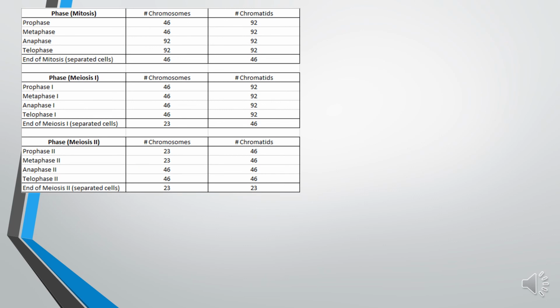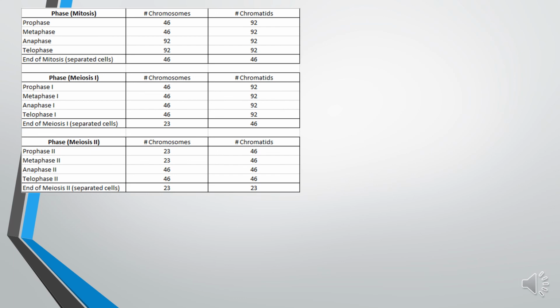And this is the comparison of the chromosomes. In mitosis we have 46 chromosomes at the end and 46 chromosomes at the starting point. And in meiosis, we have 46 chromosomes in the prophase 1, the starting of meiosis 1, but at meiosis 2, we have only 23. There's a decrease in the distribution of the chromosomes.